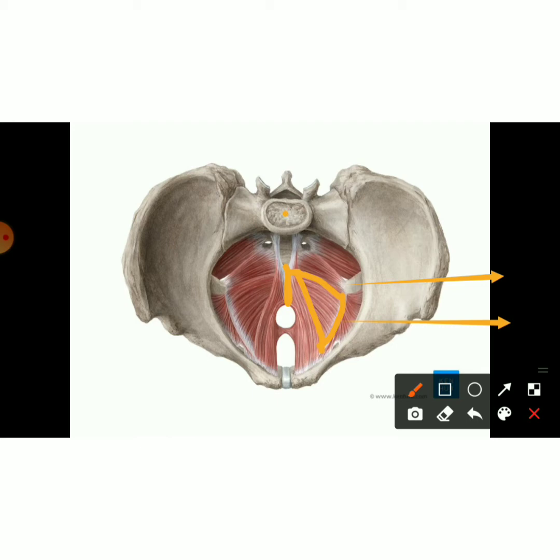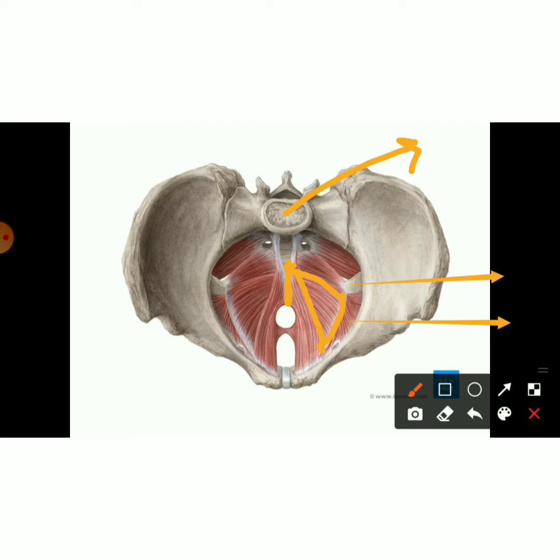This is the sacrum, and inferior to the sacrum, in that area, lower two pieces of the coccyx. So that is the origin and insertion of the iliococcygeus muscle.